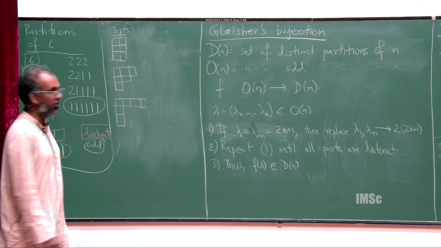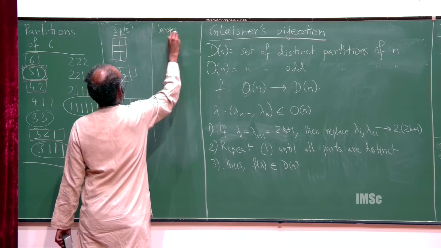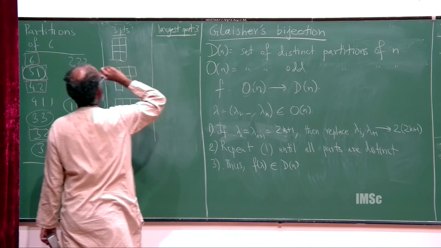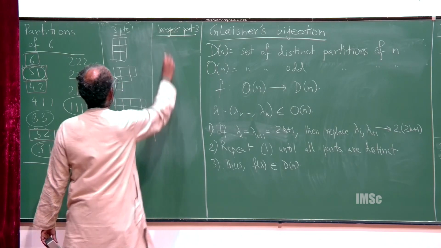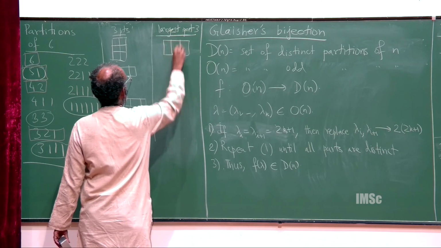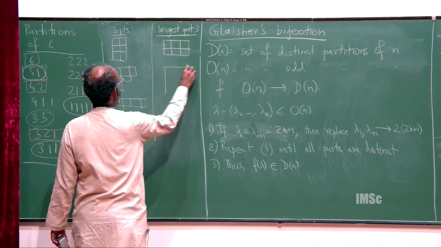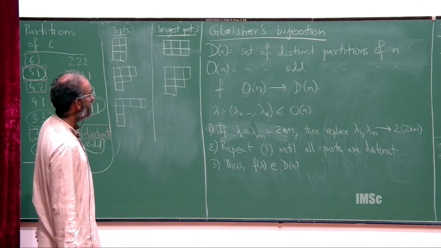This is on the left, and the largest part is 3. I have 3, 3, which is also a rectangle, 3, 2, 1, which is the same thing, and then 3, 1, 1, 1.